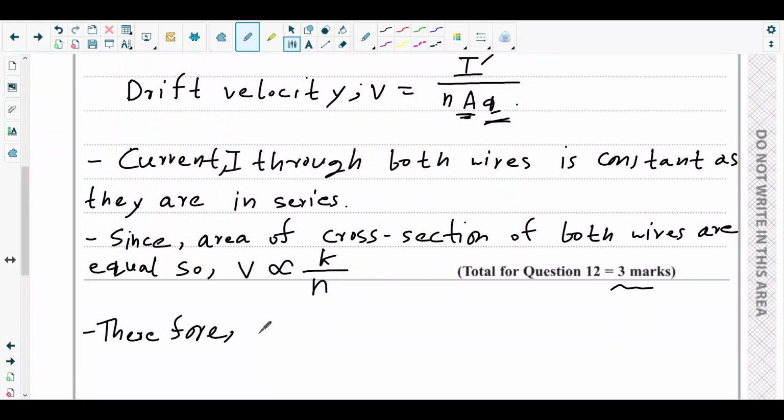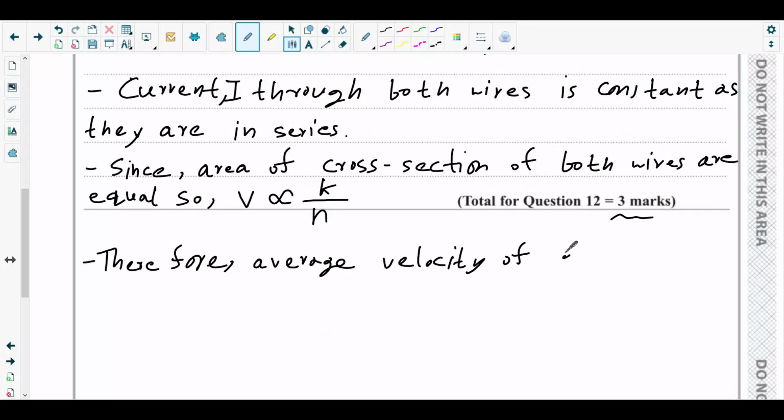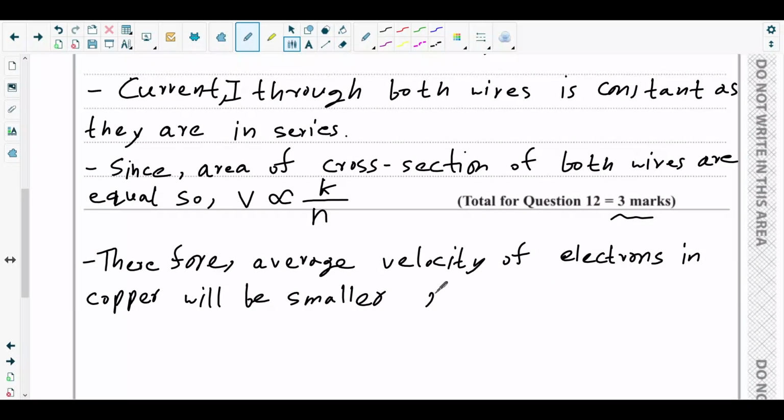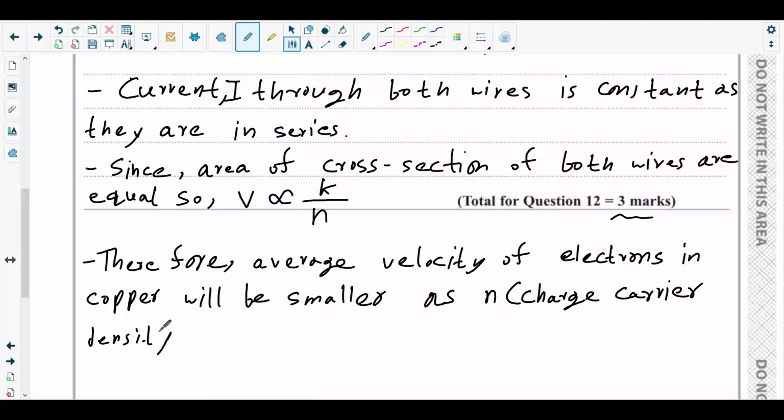Therefore, the average velocity of conduction electrons in the copper wire will be smaller as n, that is the charge carrier density of copper, is greater than nichrome.